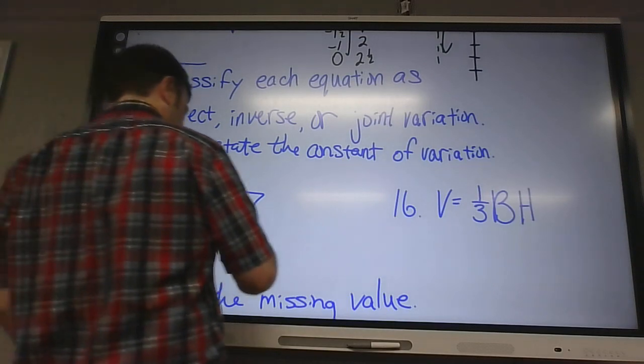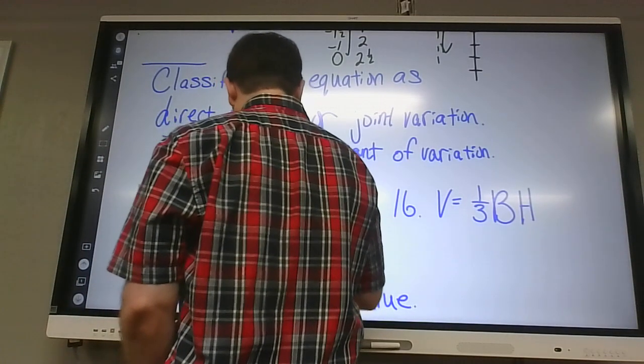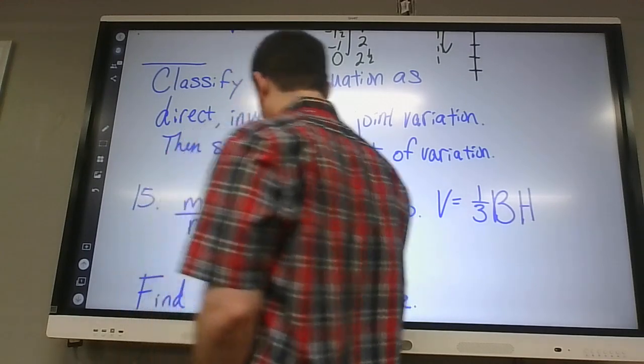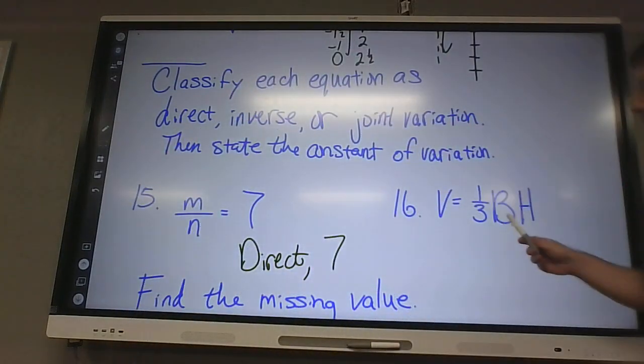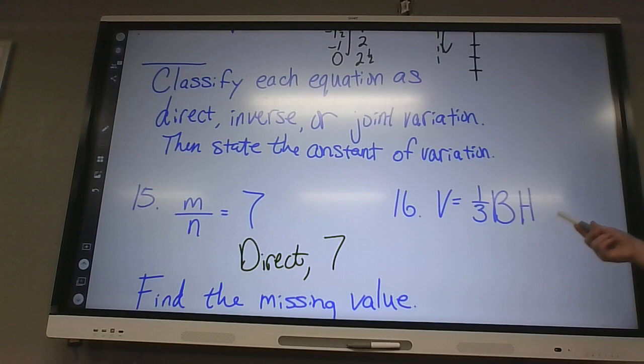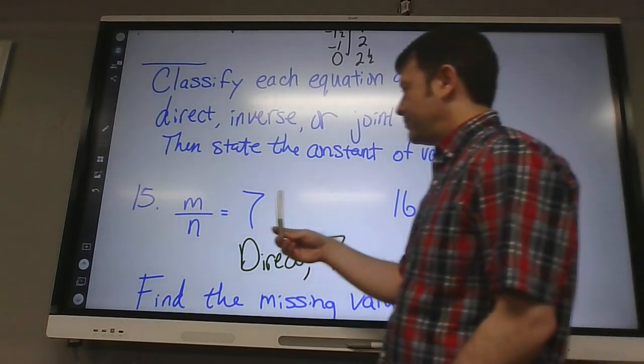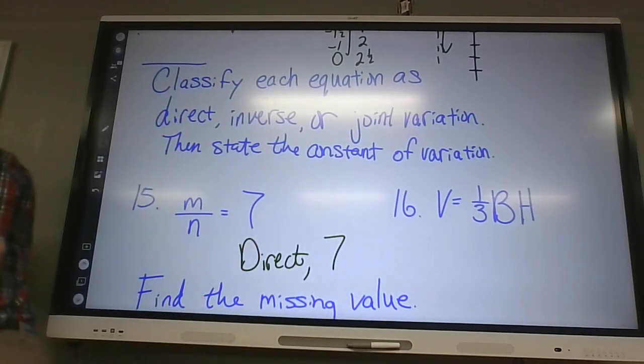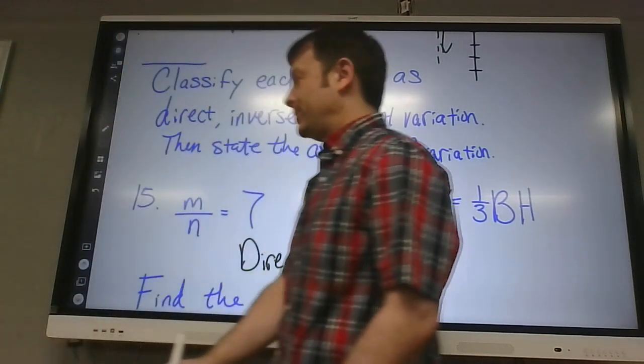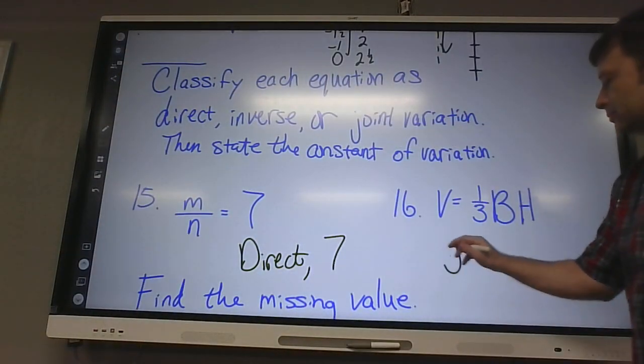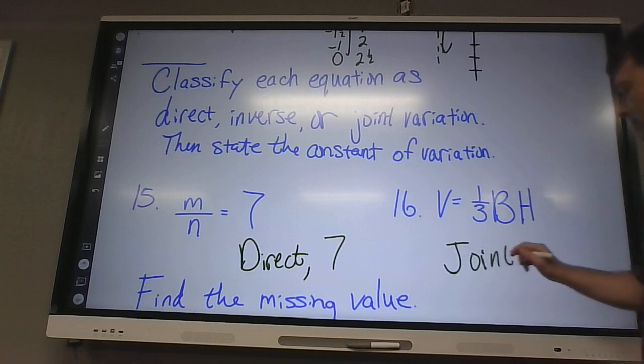And then what is the constant of variation? 7. And how about this one? Volume equals 1/3 base times height. If there's three variables, it's got to be joint. And the constant is 1/3.